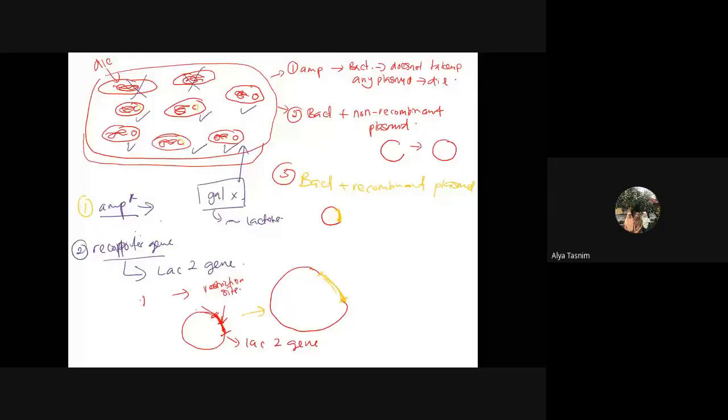Restriction site is the site where the restriction enzyme opens the plasmid for the foreign DNA to be inserted and produces the recombinant plasmid. So when you cut open the plasmid, you cut open the region between the lacZ gene. So now the lacZ gene is not functional.